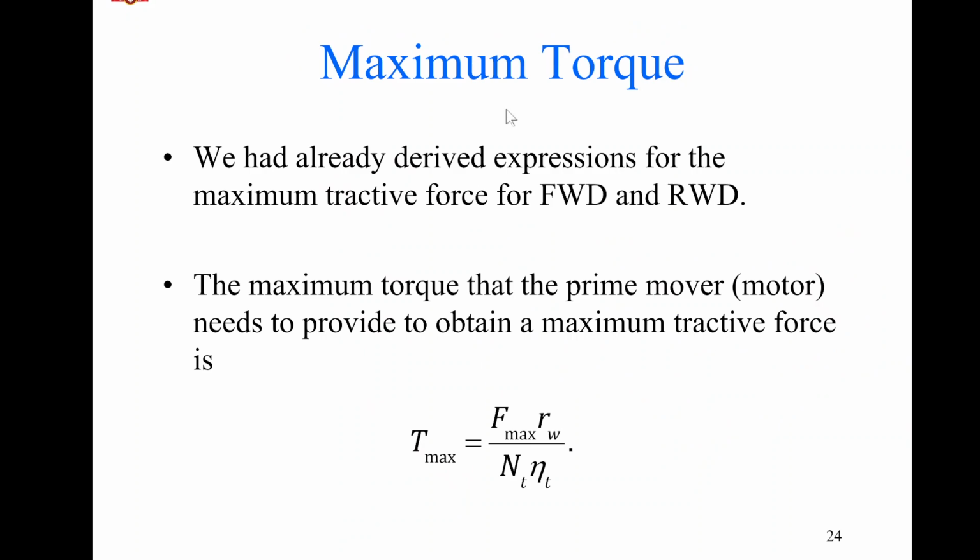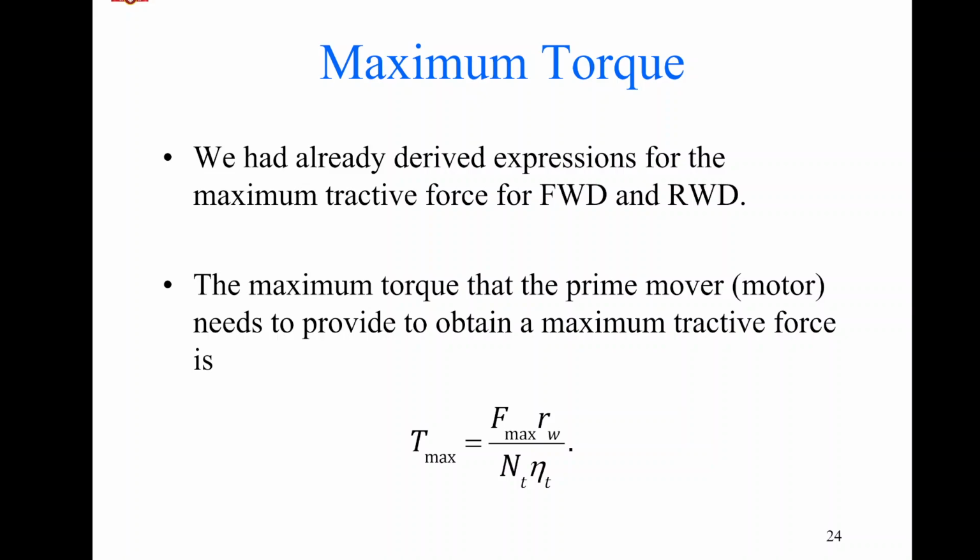So if we were to look at the maximum torque which is obtained by the motor, we can think about it. In this particular slide, we are saying that we had already developed expressions for maximum tractive forces.